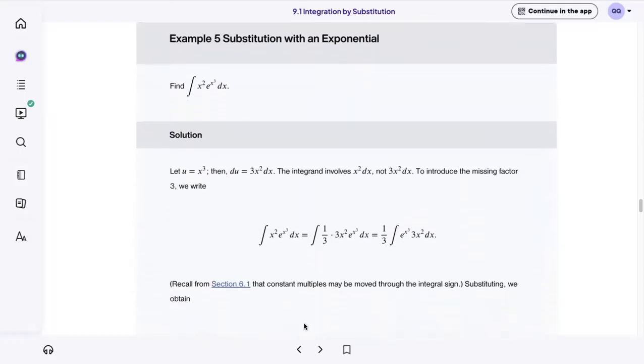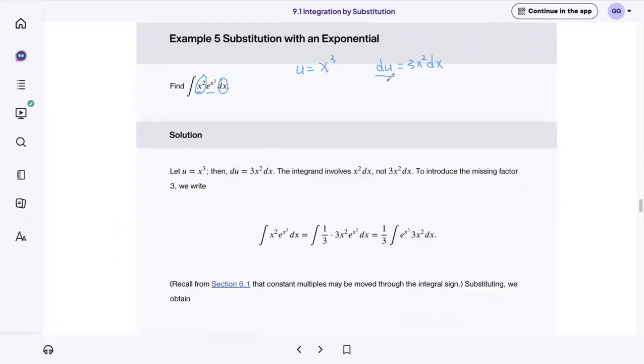Let's see this one. We have x squared, and we have e raised to x cubed. When you have an e term, the u is always going to be the exponent of e, so x cubed. Then du equals 3x squared dx. But look at this, we have x squared dx, we do not have the 3.